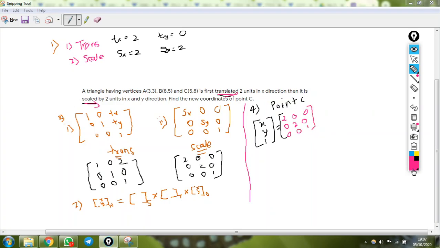This is the scaling. Then we will write the translation: 1 0 2, write it carefully, don't make any mistake, 0 1 0, then 0 0 1, and multiply it with the old coordinates of point C, that are 5 8.